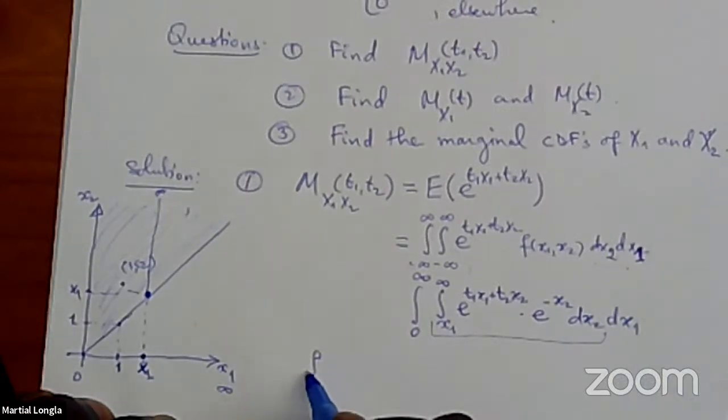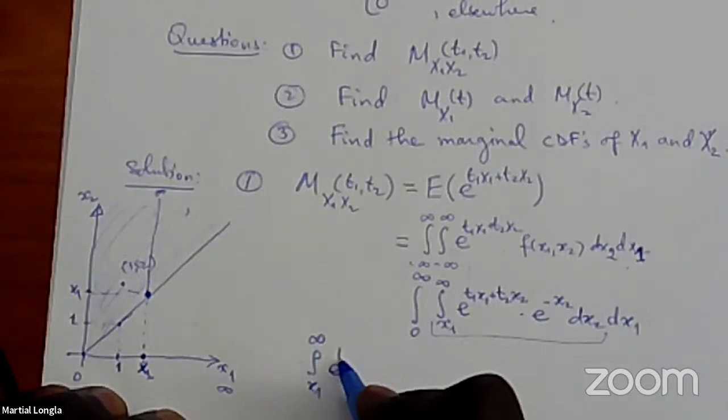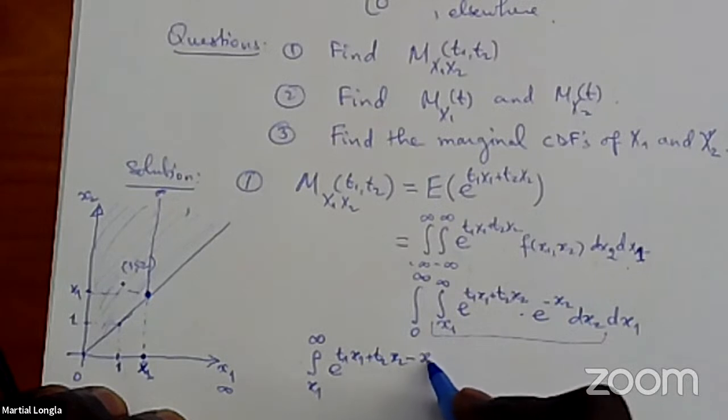So the integral from x1 to infinity of e to the t1 x1 plus t2 x2, and then minus x2, dx2. What is this equal to?